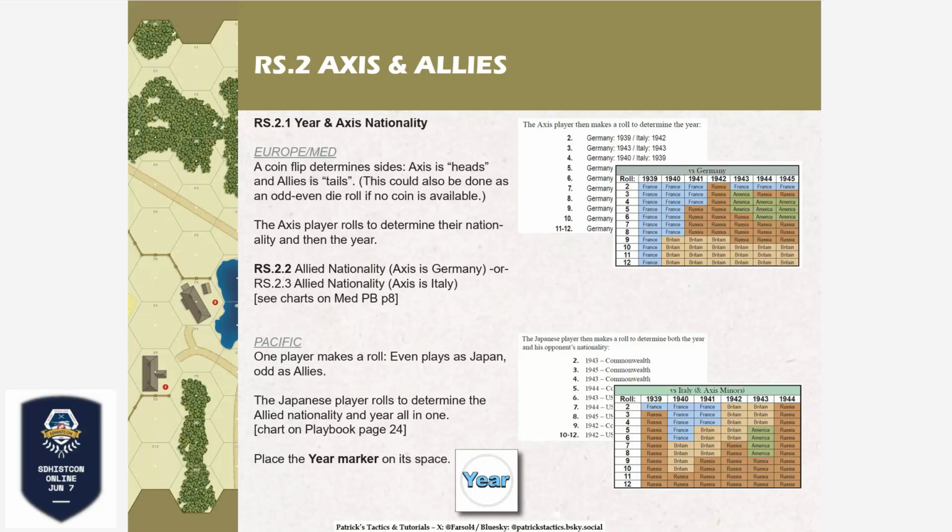And I think you had mentioned it in a previous slide. This process that we're going through here tonight is the revised version that came out in the Mediterranean playbook, right?